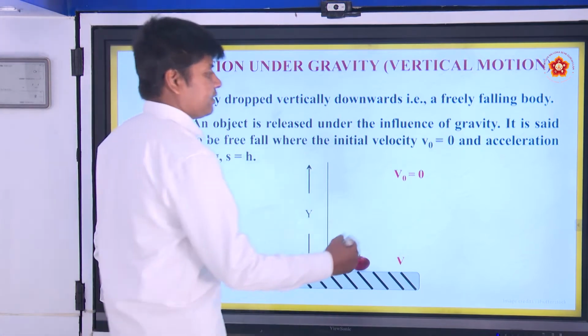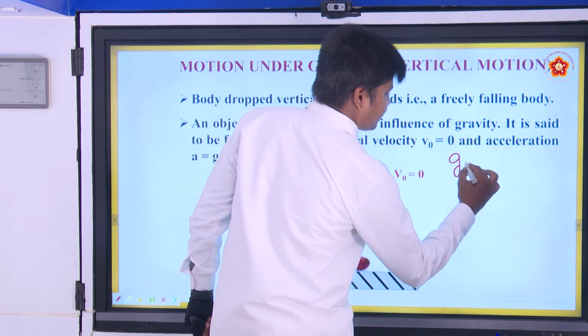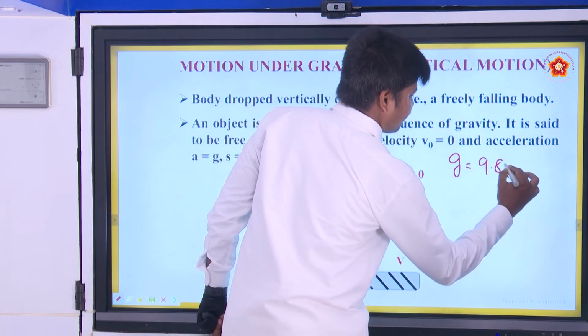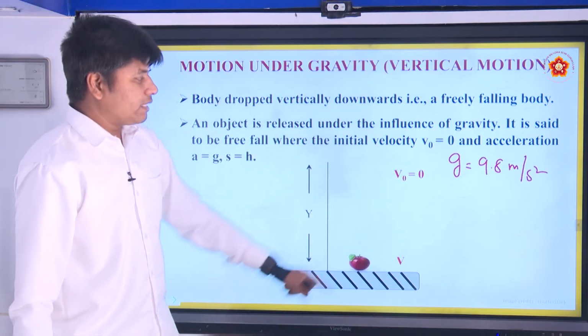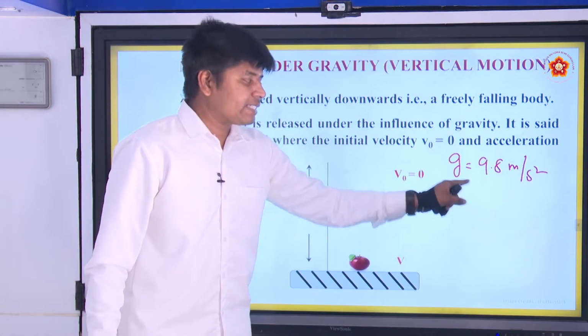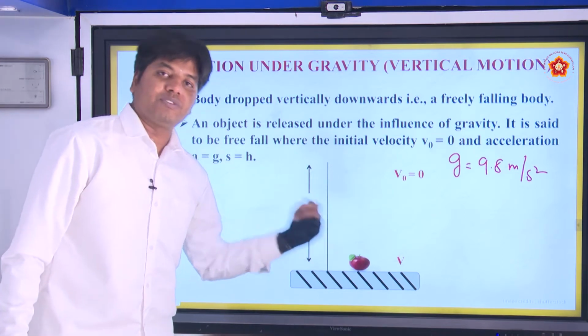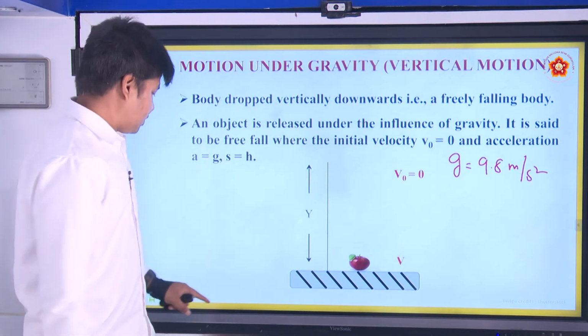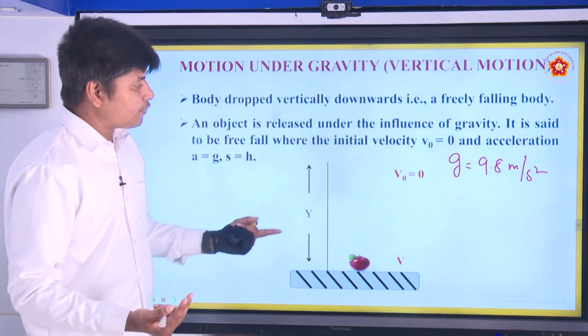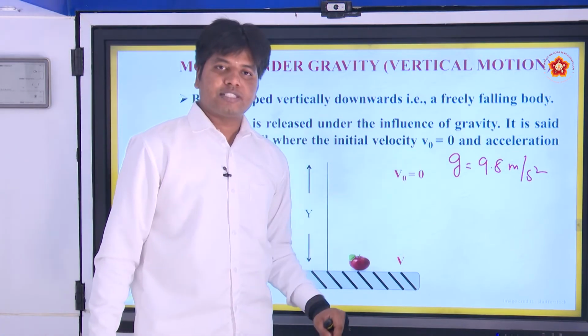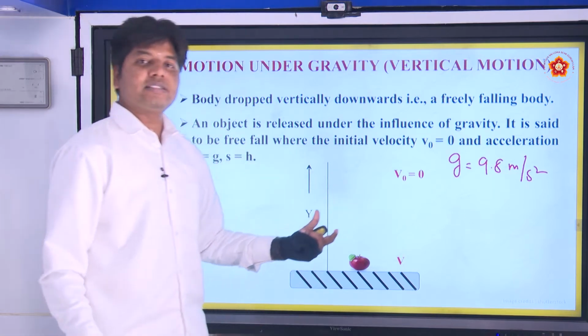If you remember your 9th standard physics, g is nothing but 9.8 meter per second square. With this acceleration, the body is pulled down. So the velocity after 1 second will be 9.8. After 2 seconds will be what? 19.6 meter per second. So it will increase in such a way.